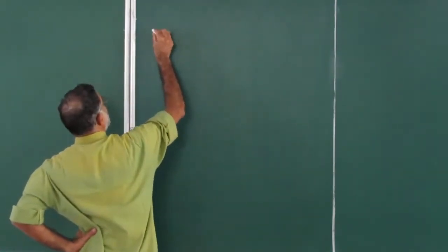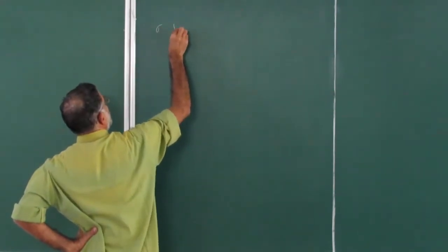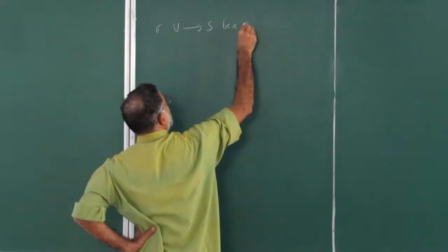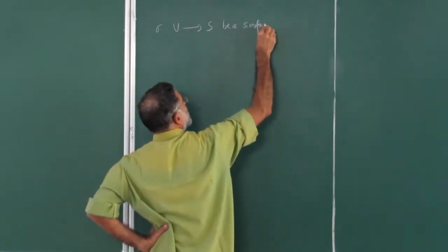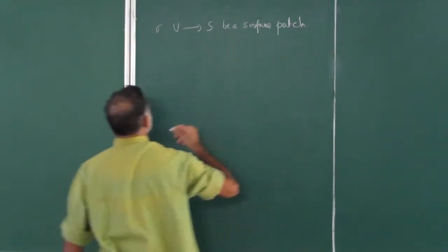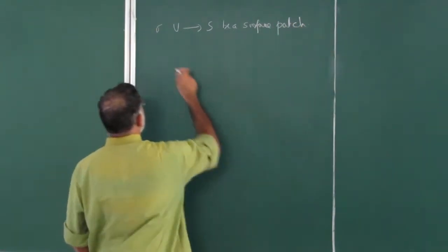So first let us start with sigma from U to S, a surface patch, and of course let us fix a point.